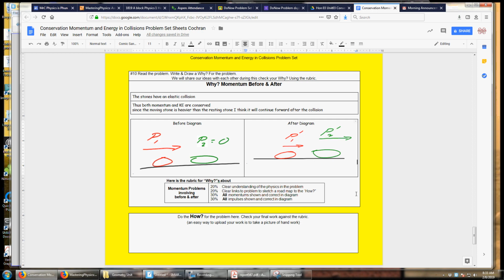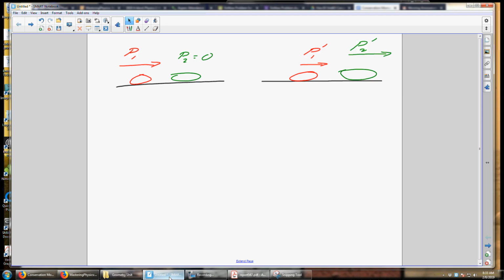All right, let's go on to the how then. So, from my equation sheet, I'm going to grab that I know that momentum of the system before equals momentum of the system afterwards.